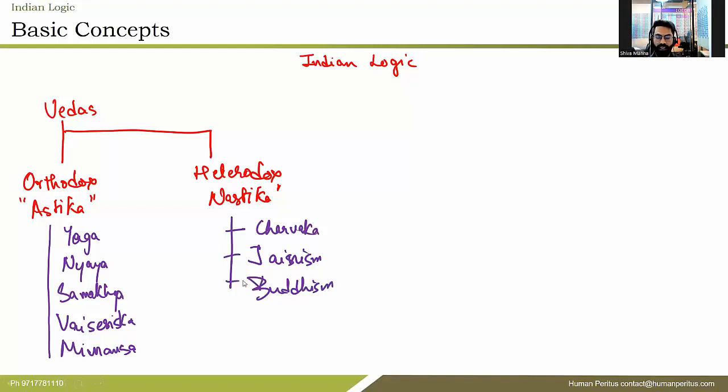Now, based upon even the orthodox schools, based upon how much they follow the Vedas and how much they interpret in their own terms, this is also divided into different schools.